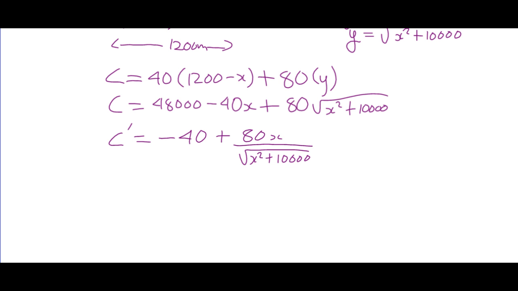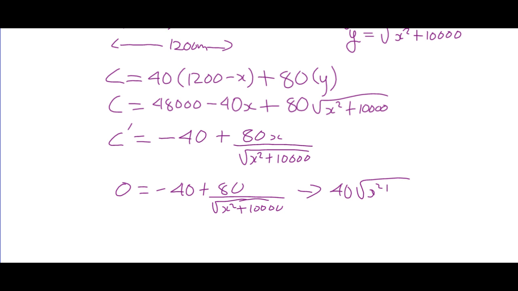So what do we want? We want to set this equal to 0. So we get 40 times the square root of x squared plus 10,000 is equal to 80x.